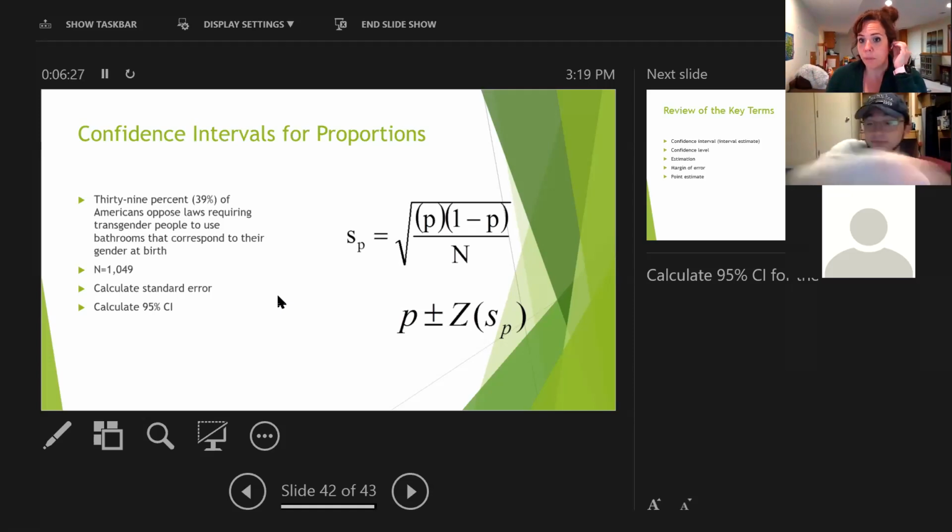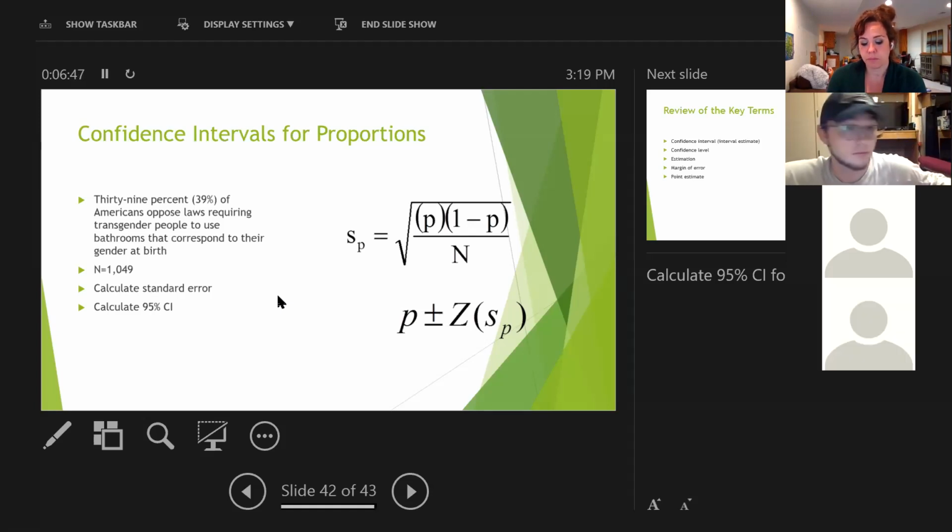So the first step is identifying where you plug in the information you were given in your prompt to fit into the formula, right? So I need to know, what is my proportion? I need to know what's my sample size. Okay, so what is my proportion for this example? No, it's not the 95.